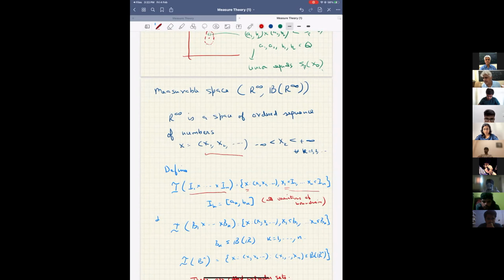Outside of these n dimensions, they can be on the whole real line. So we are only constraining the first n dimensions. Let's collect all these cylinder sets, with all the rectangles. The point again is that for these cylinder sets, for each n from 1 to infinity, we typically know how to assign probability in a consistent manner.